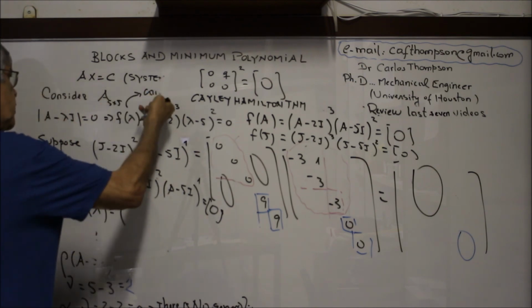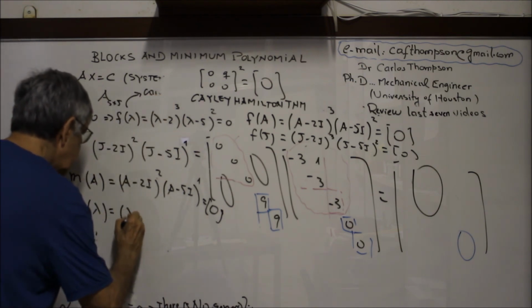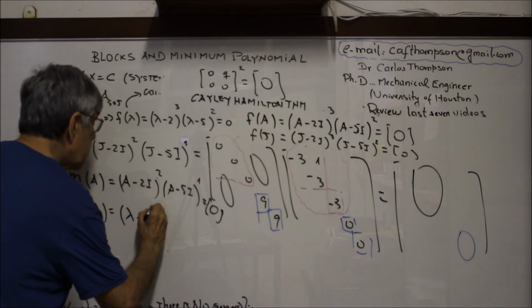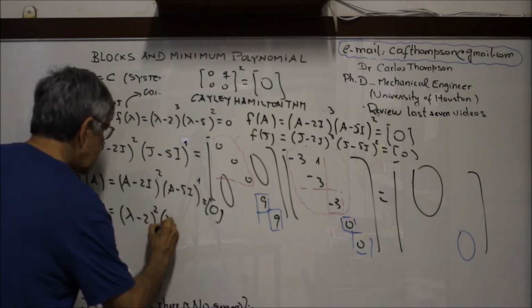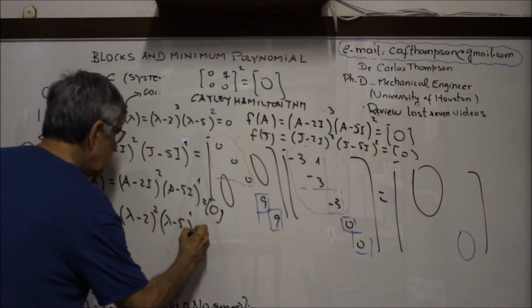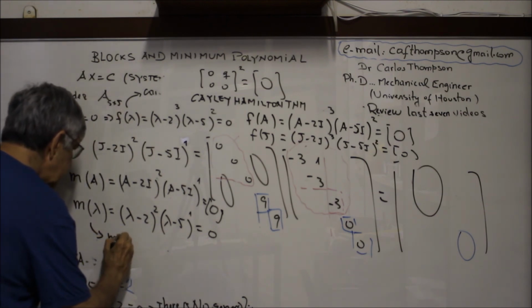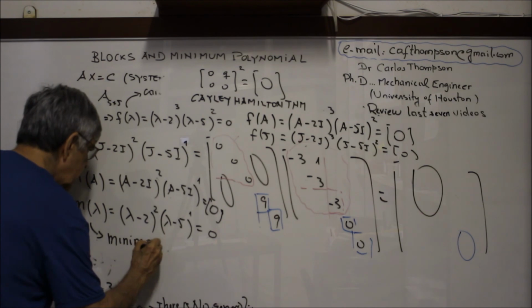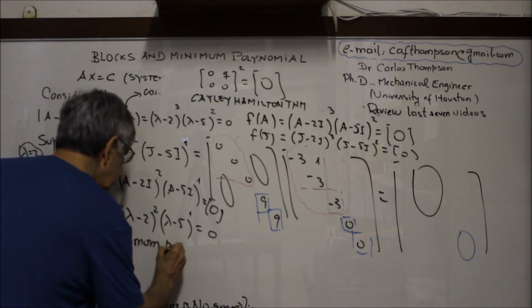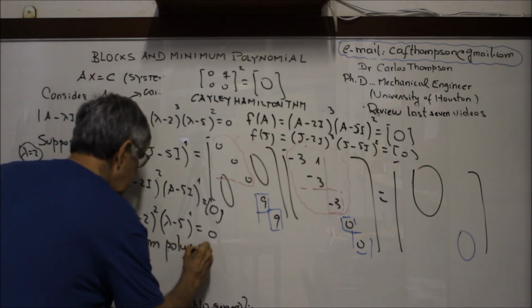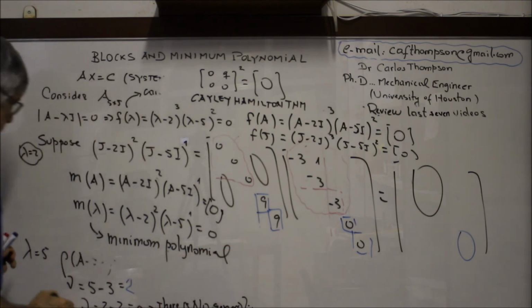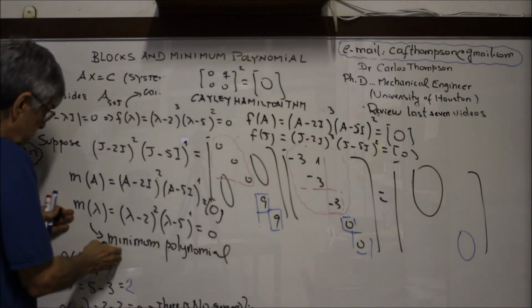Now, this is m of lambda. I will transfer to the scalar: lambda minus 2 to the power 2 times lambda minus 5 to the power 1 is equal to 0. This we call the minimal polynomial.